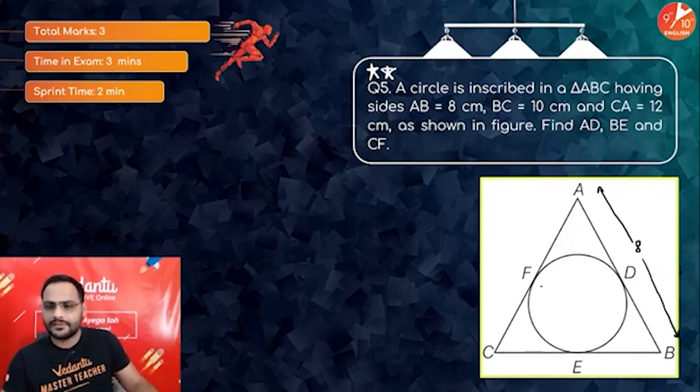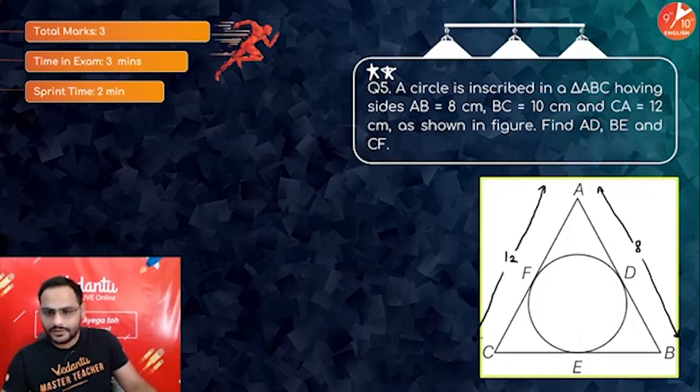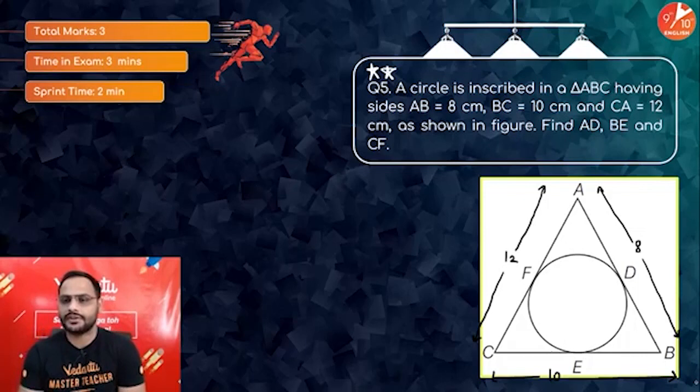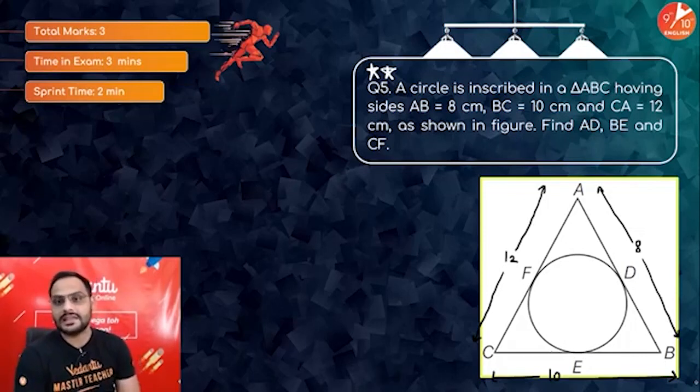Then this side AC is given as 12, and BC is over here. BC is given as 10. 8, 10 and 12. Alright, as shown in the figure, find AD, BE and CF.